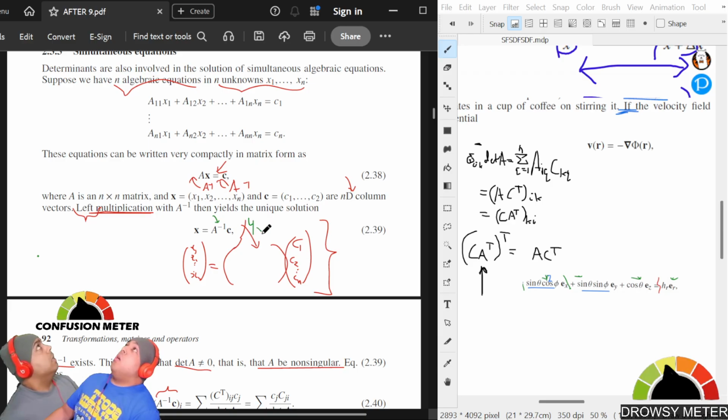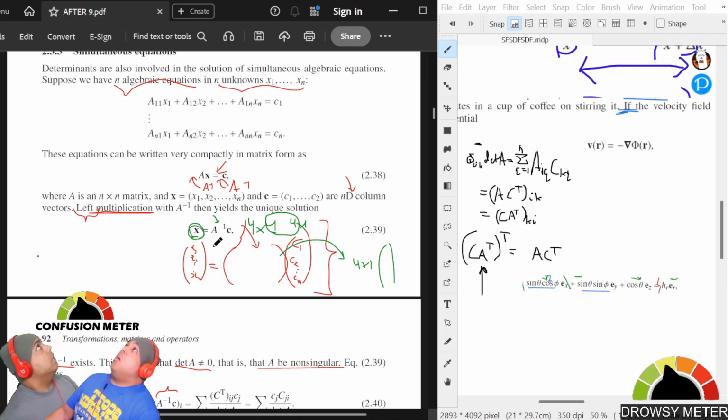So 4 by 4, and we have 4 unknowns, so there's a 4 by 1 matrix. The resultant matrix after this gets multiplied is a 4 by 1 matrix, which makes sense because the left side is also a 4 by 1.